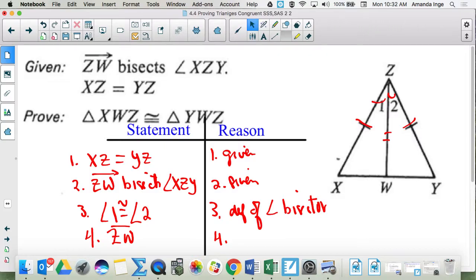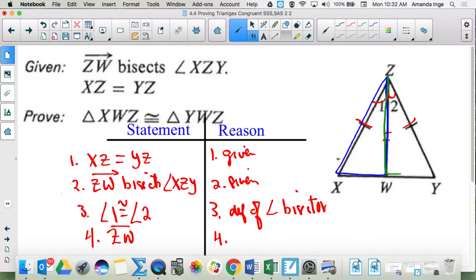So my question is, is this side in both of these triangles, that triangle and this triangle? Yes or no? Yes. It's a side that's in both of the triangles. So we're going to say ZW is congruent to ZW.